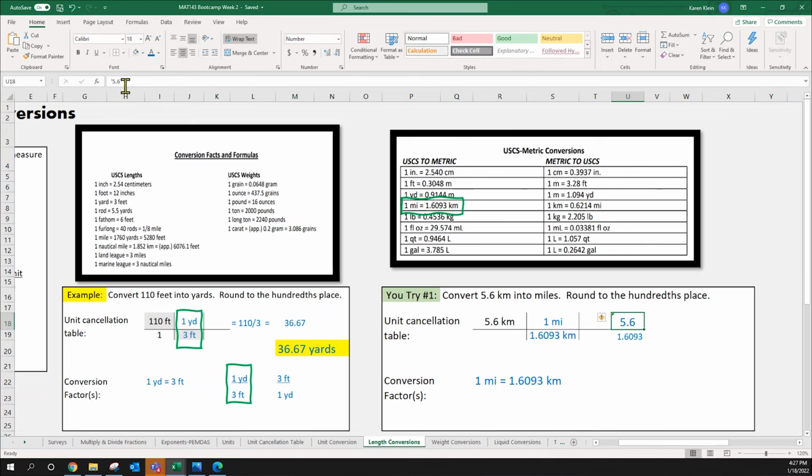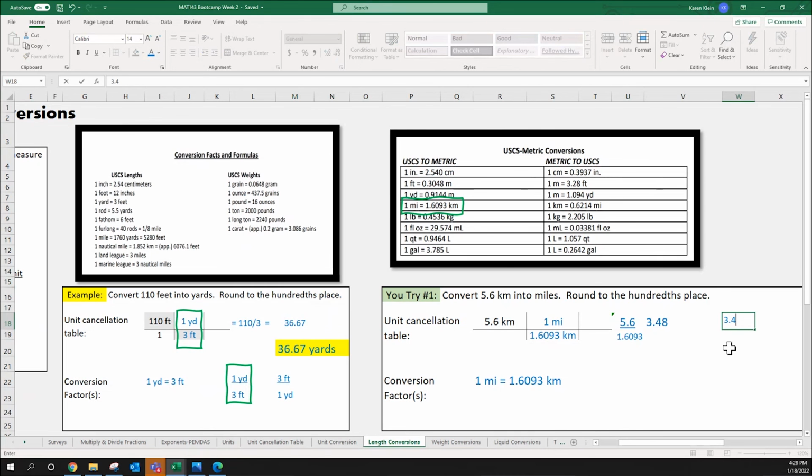Just write this as a fraction. Let's go ahead and convert that. So that's going to be 5.6 divided by 1.6093. And that's going to give me this long decimal. So I'm going to take away some of those digits, round that to 2 decimal places. So my answer is 3.48 miles.